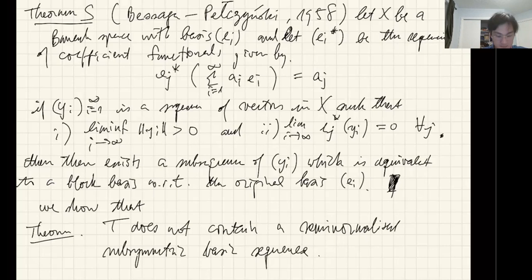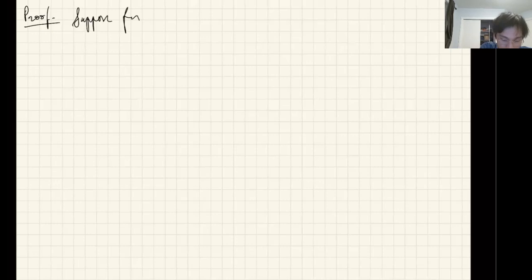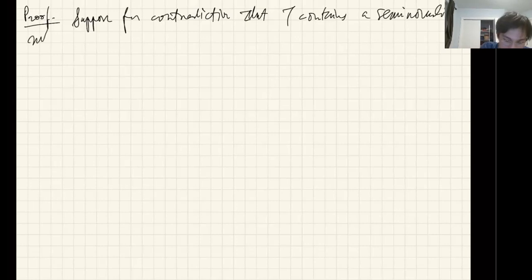So as we said before, we want to show that T doesn't contain any of these. And the argument is kind of conceptual. There's not a whole lot going on. We're going to use basically everything we've seen so far. And so suppose, for contradiction, that T contains a semi-normalized subsymmetric basic sequence.